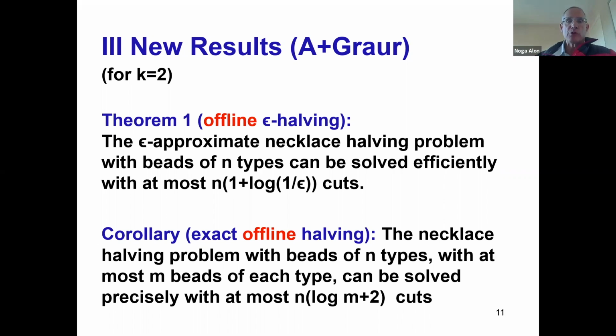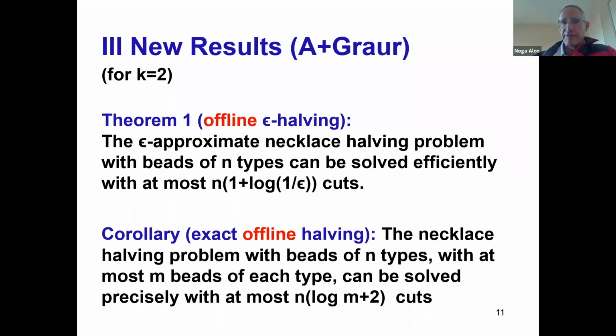So here is the first result, about an offline algorithm for epsilon halving. If we want to solve the epsilon-approximate necklace halving with beads of n types efficiently and deterministically, this can be done with n times 1 plus log of 1 over epsilon cuts. So if, for example, epsilon is 1 over 100, then maybe this is 8 times n cuts.